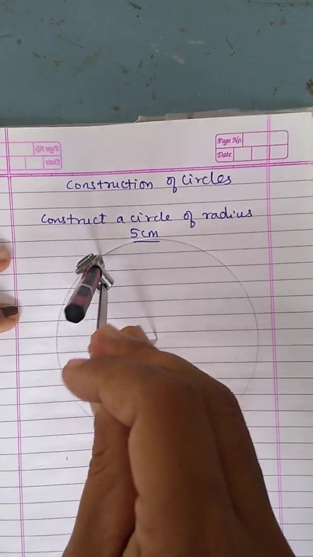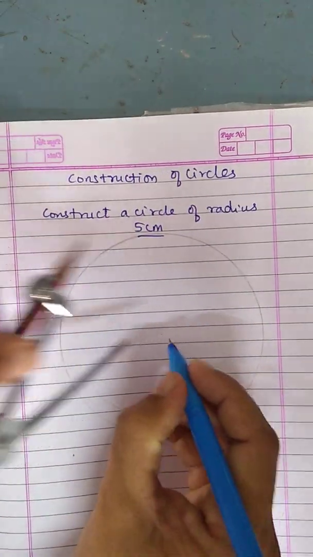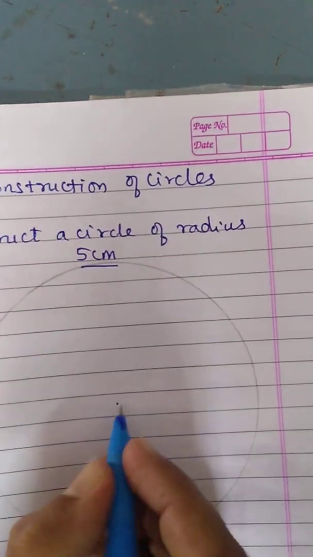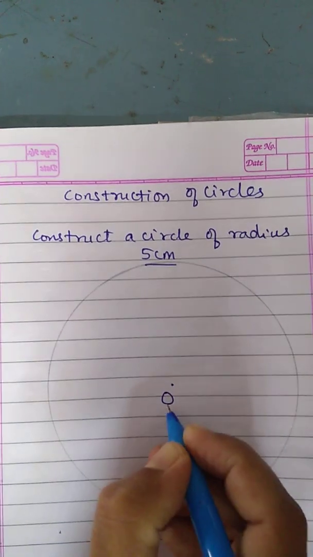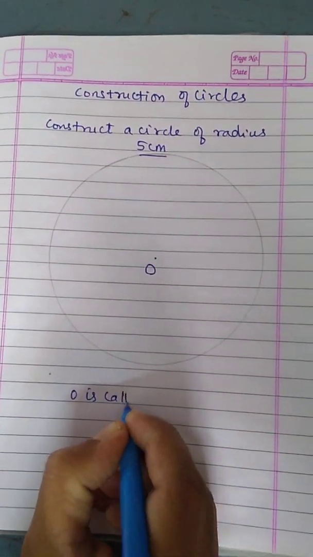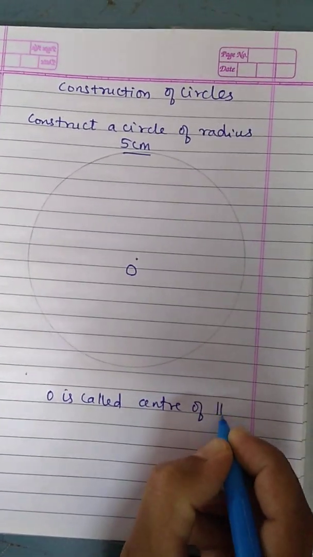Now this is more than enough. Whatever point I have taken with the pointer, I can mark as O. What is this O, children? O is called the center of the circle.